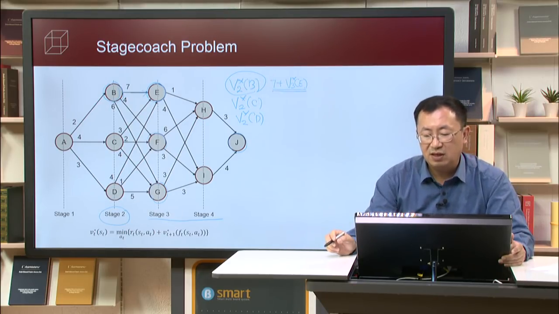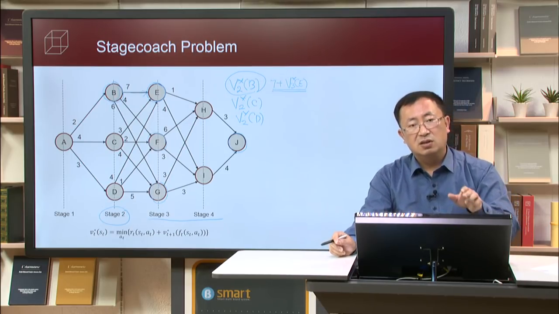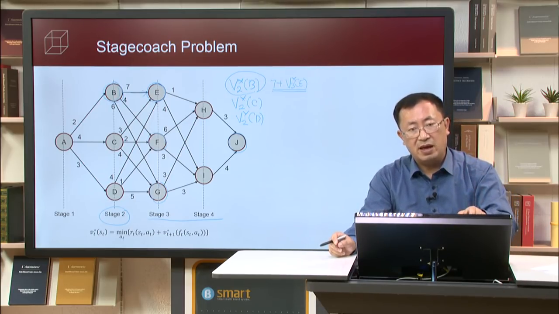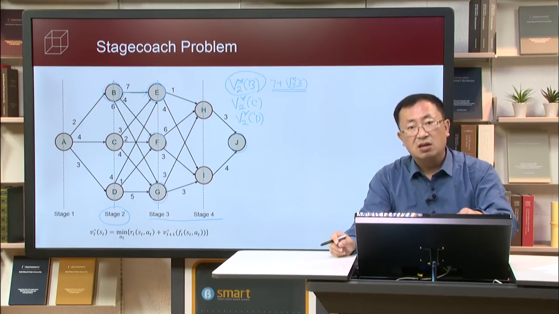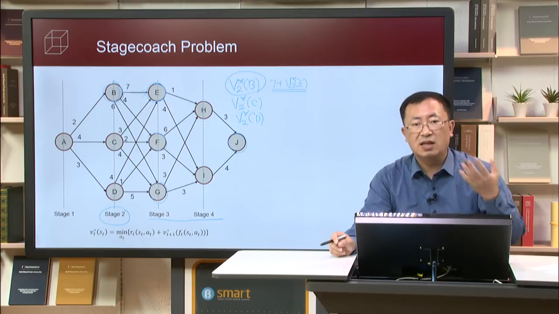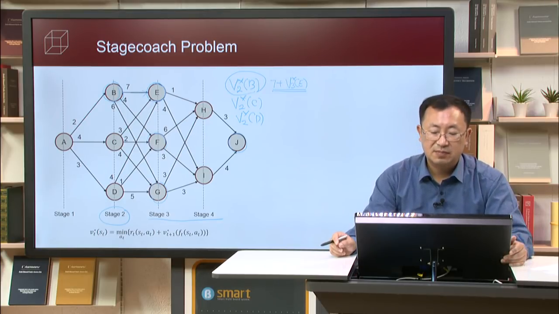The 7 plus V3 star E means the length of the shortest path from B to J if you choose E as the next node to visit.